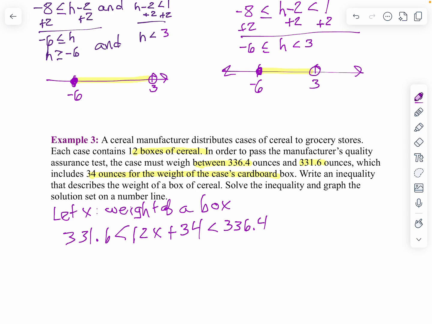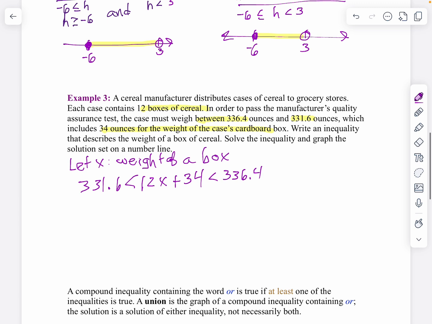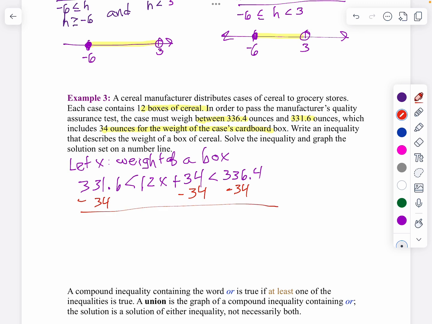So now let's just solve it like we normally do, except we have three sides. So first thing I'm going to do, I'm going to subtract 34 from the left, the right, and the middle. So when I do that, I take 331.6 minus 34.